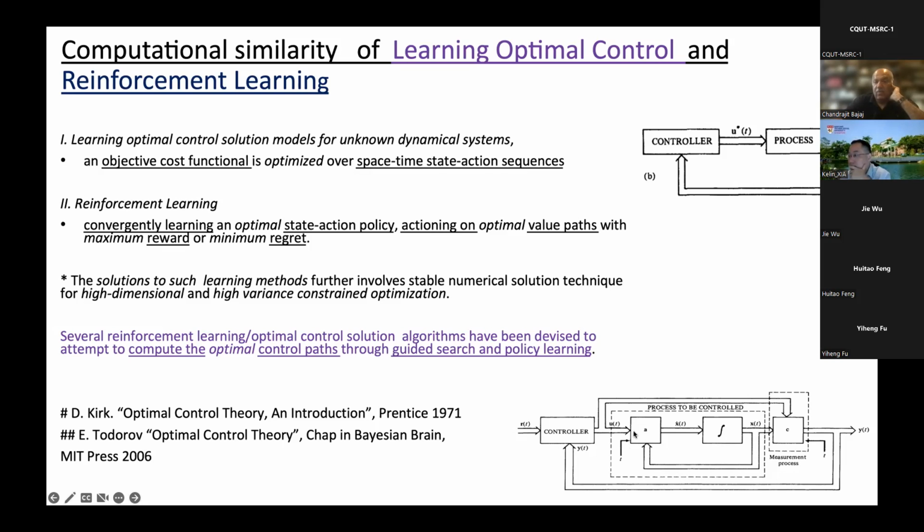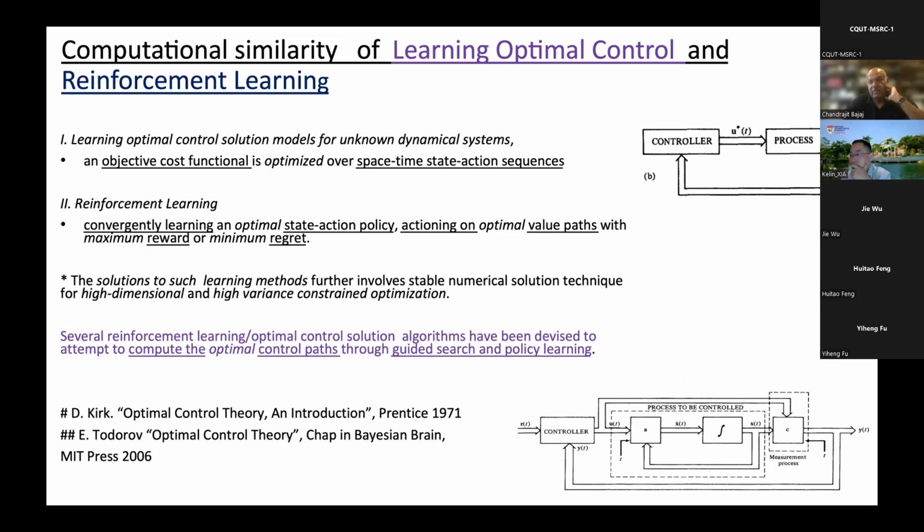And so one of our big challenges, and I'll show you, is we'll simplify this entire thing using a very nice thing called the Pontryagin maximum principle. But learning optimal control models for unknown dynamical systems, where I'm not given the full Navier-Stokes, is key, because most of the time you don't know the interaction of your shape with the environment because the environment is too big to capture.